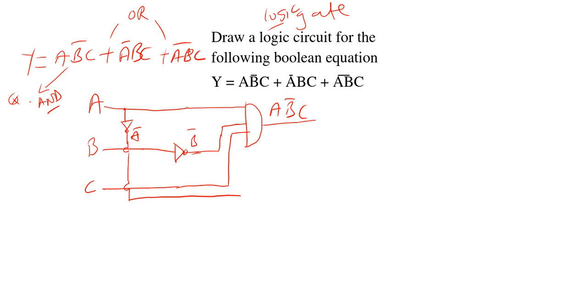So we shall take B at this point when it is not yet complemented. Let me have it like this. So this is A, this is A complement. So we take B when it is not complemented at this point.